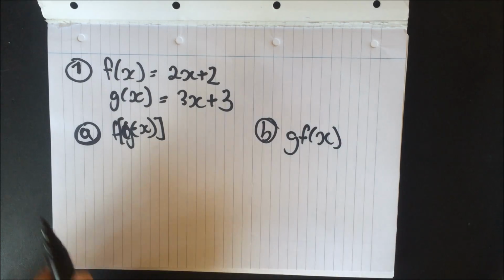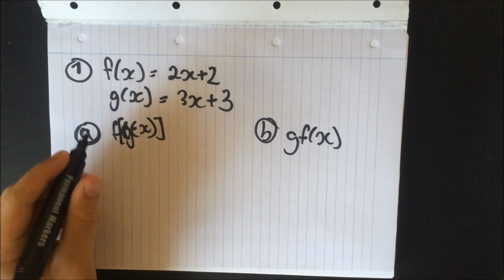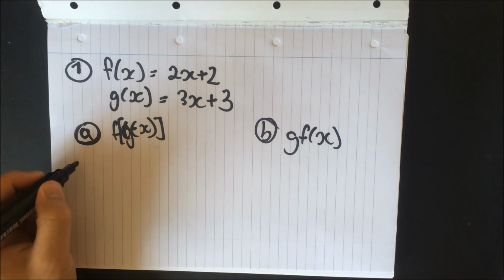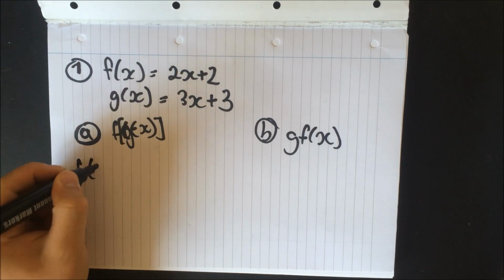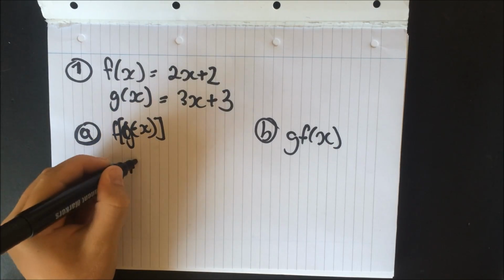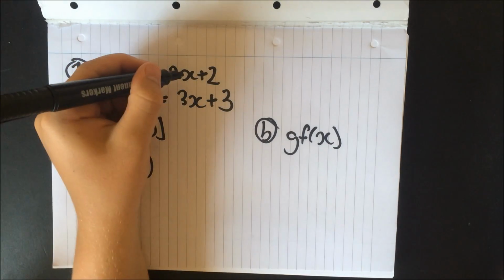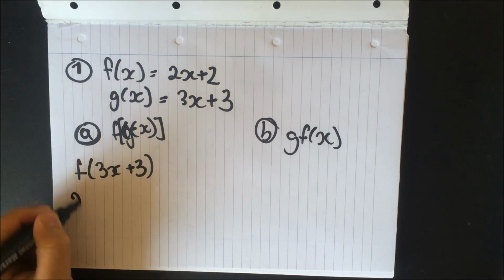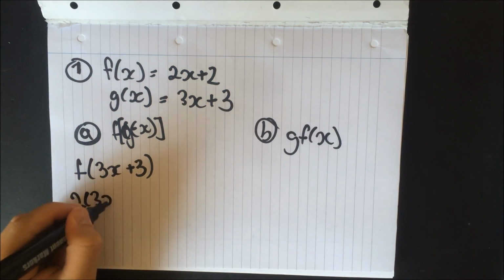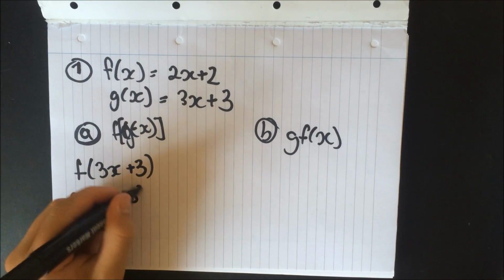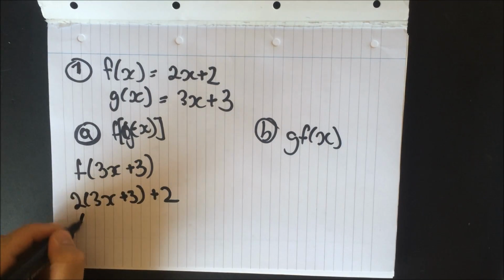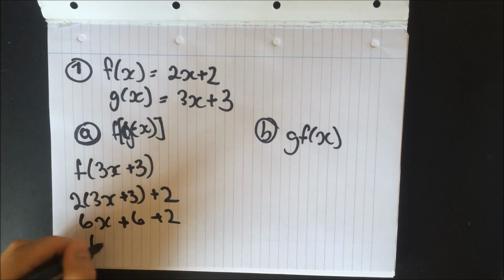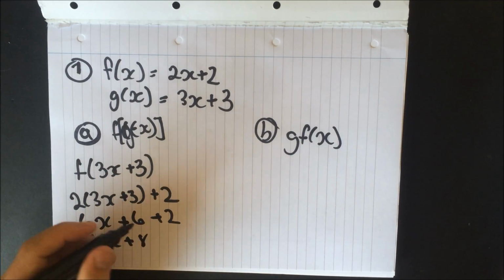Okay, now, let's find the f of g of x. So we want to find f of 3x plus 3. So remember, wherever we see the x, we put this. So that is equal to 2 times 3x plus 3, and then plus 2. So that will give us 6x plus 6 plus 2, which is 6x plus 8.